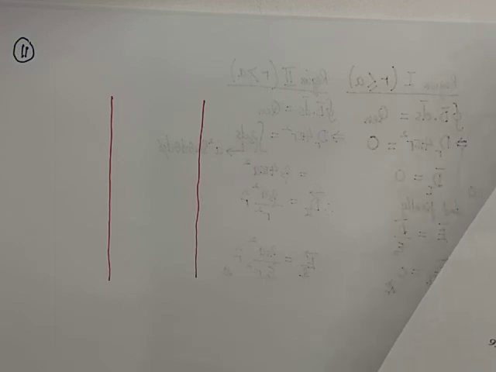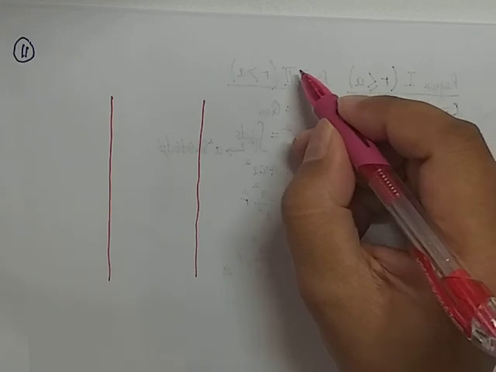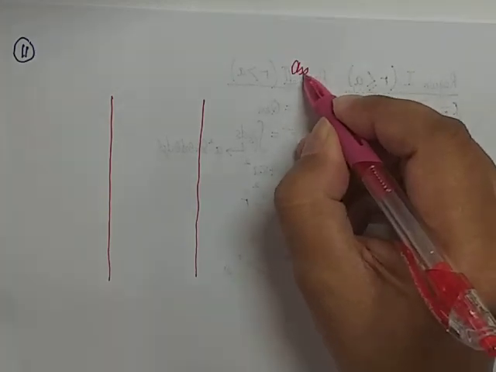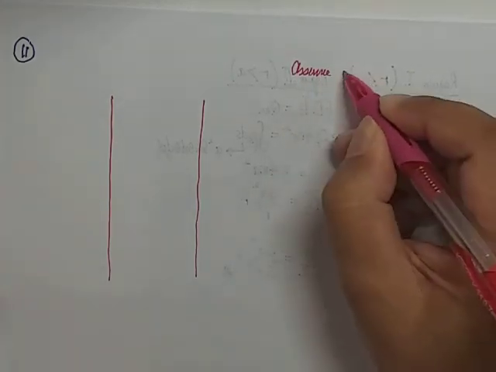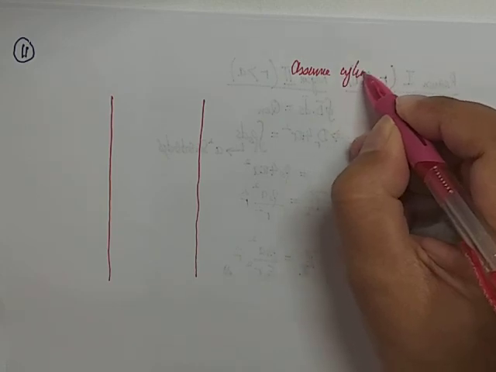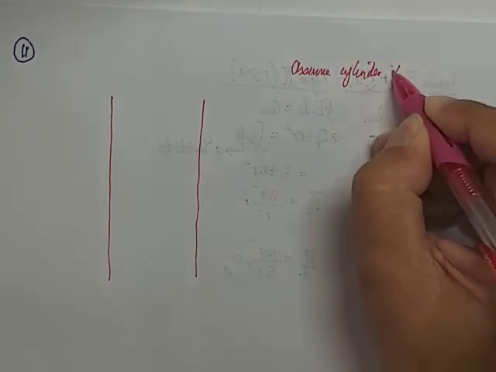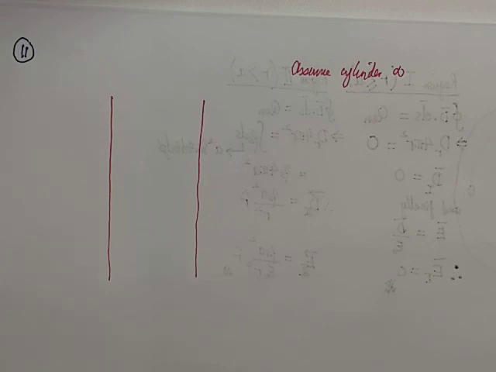Okay, so now we have a cylinder, and we want to use Gauss law, and the actual length of our cylinder is not mentioned in the question. So therefore, in order for us to use Gauss law, we must justify why we can use Gauss law. So to do that, I'm going to assume, okay, cylinder infinite. That's what must be clearly stated.